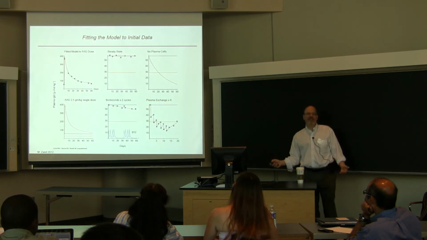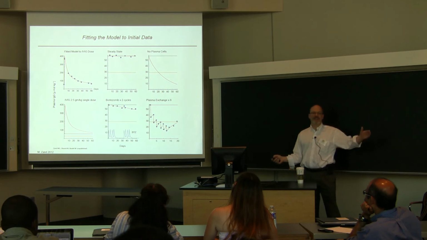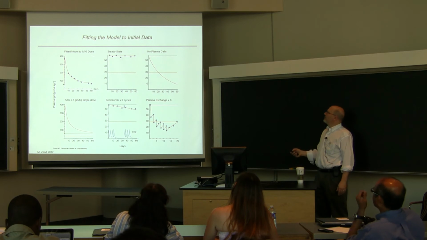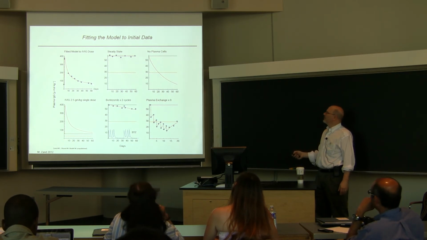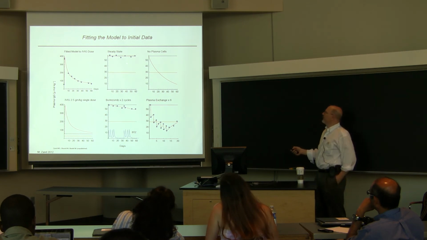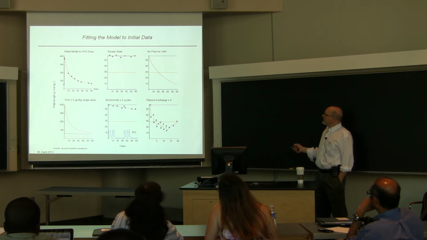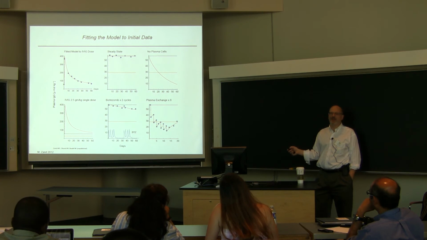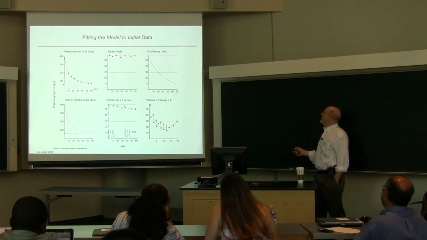So here's a simulation of the model. Remember, a simulation is the numerical implementation of that model. You can see this is the model fitted to the initial training set of data. This is a bolus of intravenous immunoglobulin. Here's steady state. This is actually compared to another patient. No plasma cells. Well, we didn't really have data to fit this because we couldn't find somebody who had no plasma cells that we could measure IgG levels over.